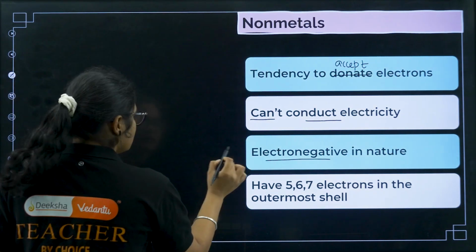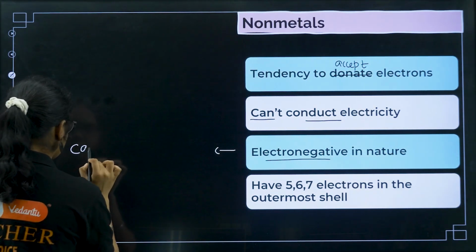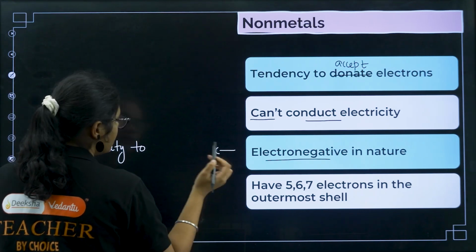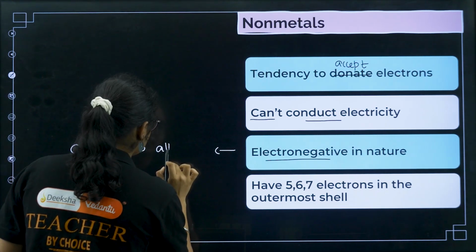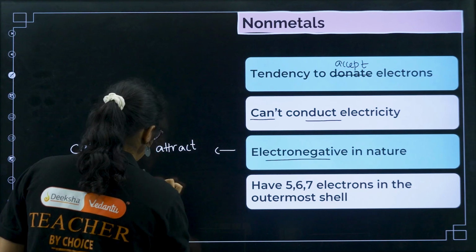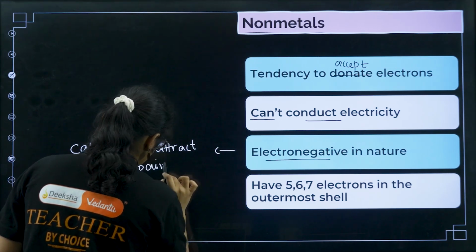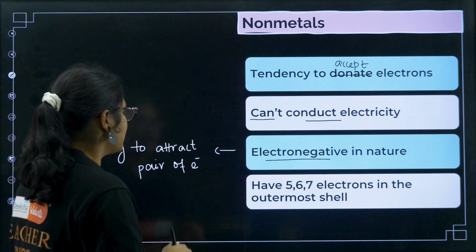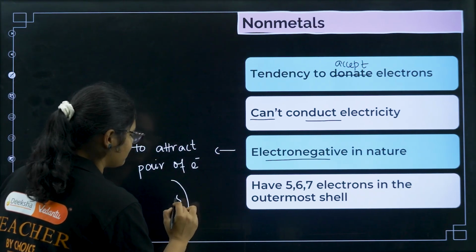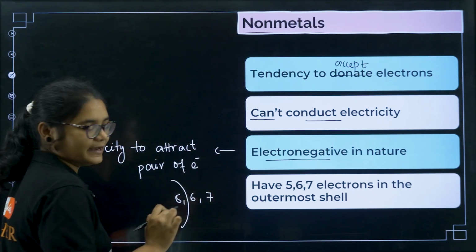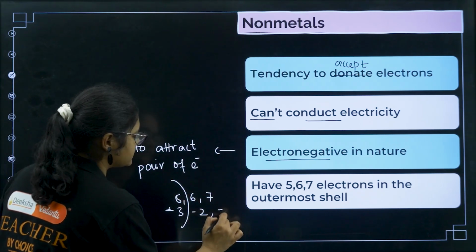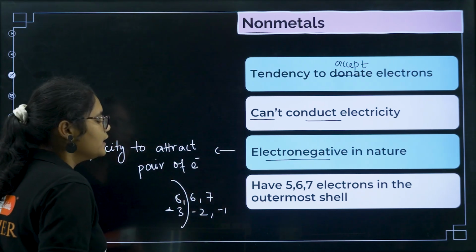Electronegative means the capacity to attract a pair of electrons. In the valence shell there are 5, 6 and 7 electrons, so that they can gain 3 electrons, 2 electrons, or 1 electron to complete their octet.